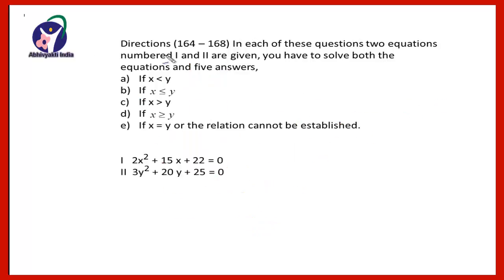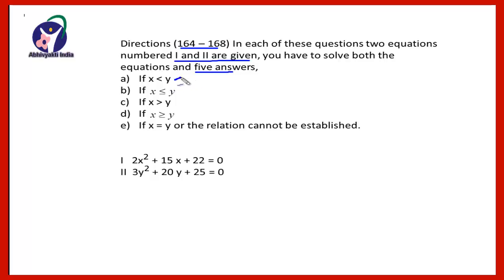The next question in the question paper was directions for the question number 164 to 168. In each of these questions, two equations number 1 and 2 are given. You have to solve both the equations and find the answers.